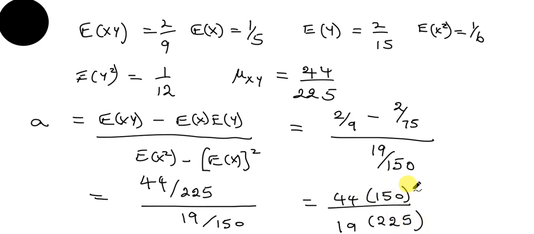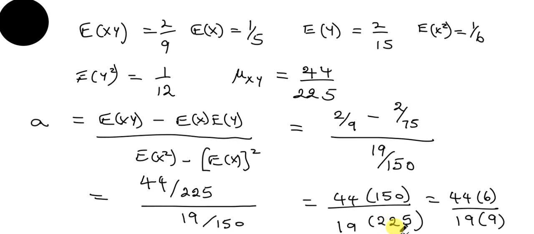Now 25 will go in this 6 times and in this 9 times. So it would be 44 into 6 divided by 19 into 9. Is it 19 into 9? Please check. 25 will go in this 9 times and 25 will go in this 6 times.